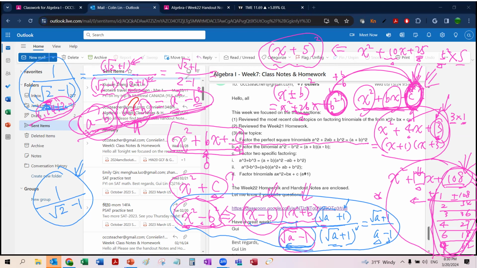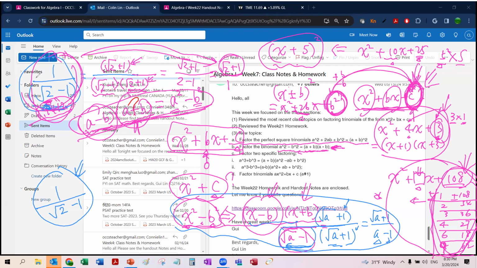So you can see the bottom part became 1. So actually the result is square root 2 plus 1. This is some extension of this topic, right? How to factor this one, and we use it backward to take advantage of it to get the denominator rationalized.